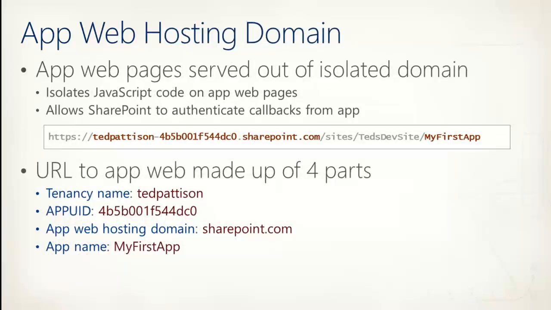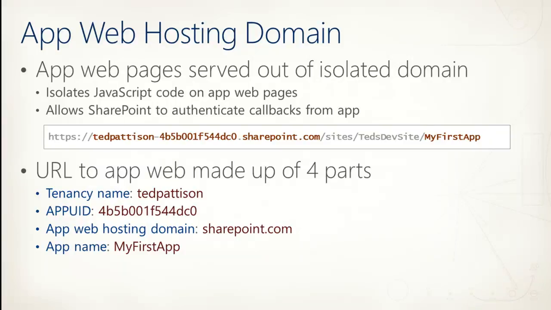Now, if you look at this URL to the app web, here's the one for my site right there. Ted Pattison-somebigNumber.sharepoint.com/site/Ted'sDevSite. So they create this URL on the fly as the SharePoint hosted app is being installed. And the URL is made up of a couple pieces.